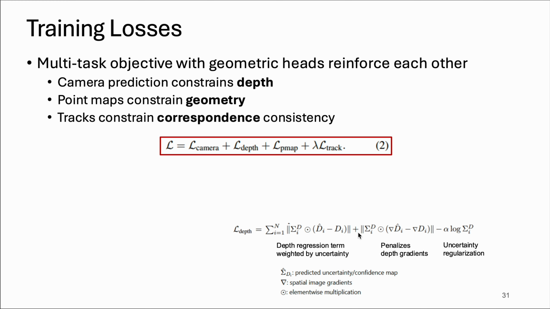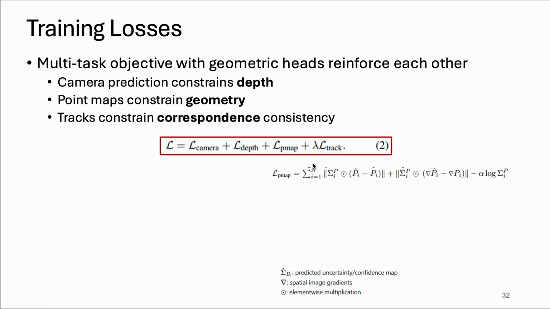Also for depth, not only the absolute depth map matters, the gradient of the depth map also matters because it shows the depth discontinuities and the object boundaries. So the difference of the gradient of the depth map is also calculated and weighted by the uncertainty. And there is an uncertainty regularization term.